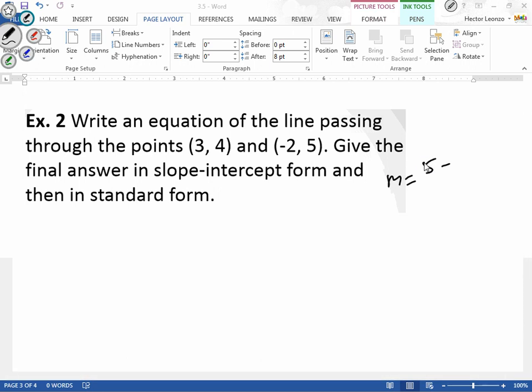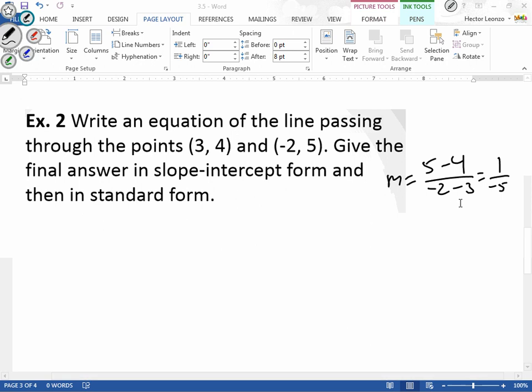I'm going to write it over here. I'm going to go 5 minus 4 over -2 minus 3. Remember, it was the second y minus the first y over the second x minus the first x. I know 5 minus 4 is 1, so I can simplify that to 1. -2 minus 3, that's -5.